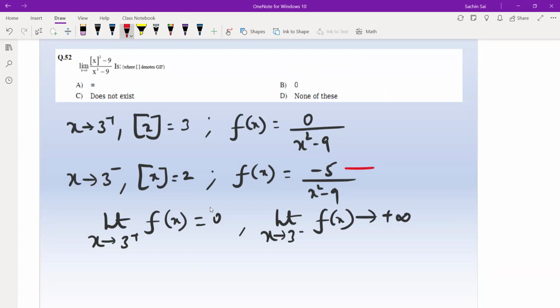The reason is the numerator is negative and the denominator tends to 0 minus. X is slightly less than 3, so x square minus 9 will tend to 0, but it will be less than 0. So what happens when you divide two negative quantities? You get a positive quantity, and because the denominator tends to 0, the left limit tends to infinity. Anyway, because of all of this, the limit does not exist, right? Because the left limit and the right limit are not equal.